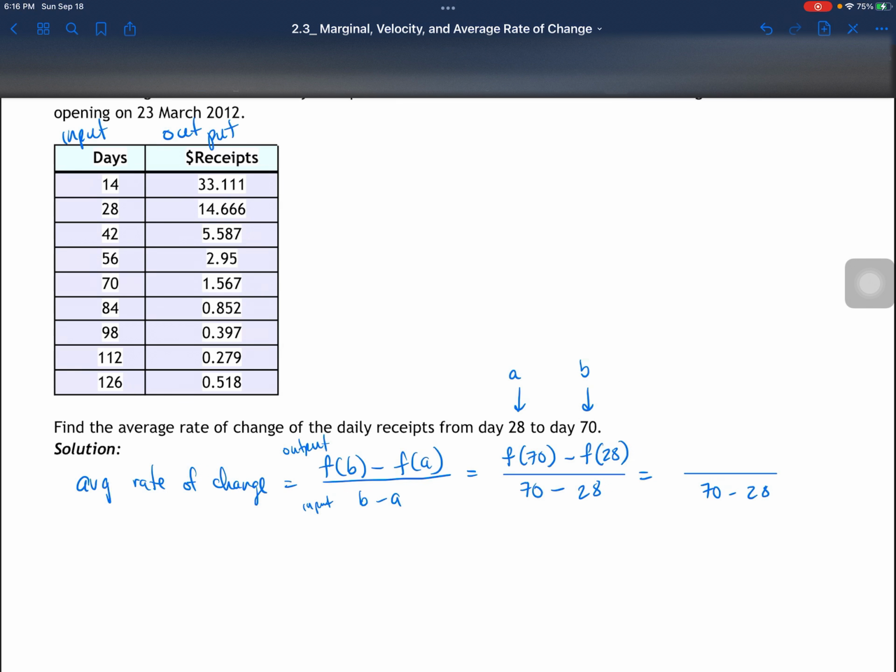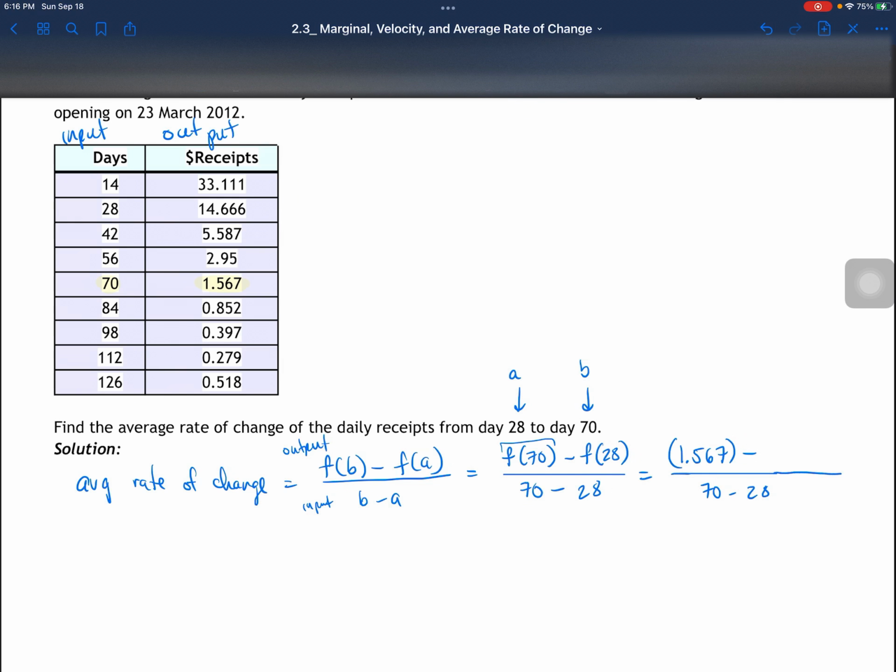But what we need to figure out is what is f of 70. Again, this is the output of having an input of 70. If we look over here, when the input is 70, the output is 1.567. So f of 70 is 1.567.